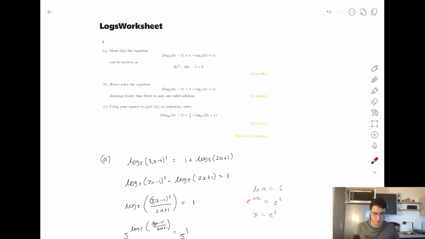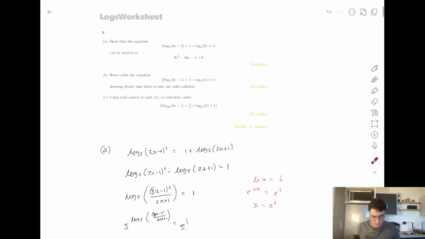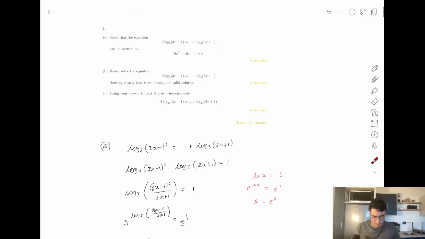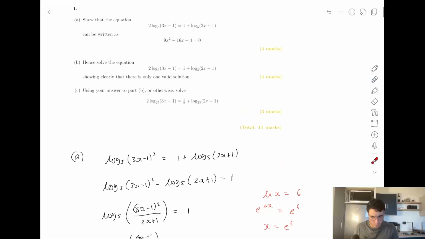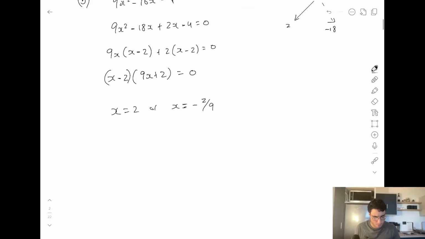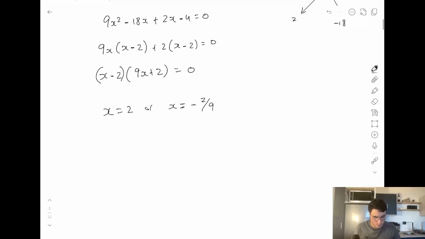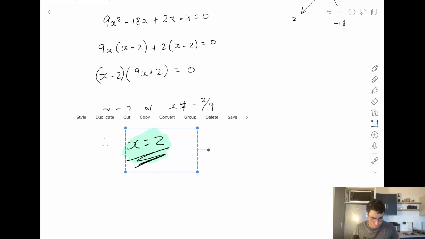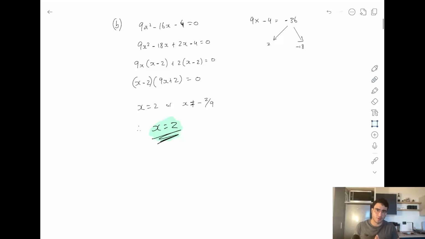We can't go smaller than 0 in the log. You simply can't have a negative in there. So we can say it can't equal that. Therefore, x is going to equal 2. That's going to be your answer.